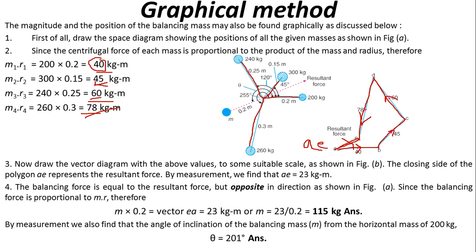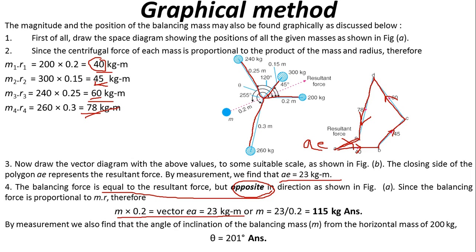After calculating, you get AE as 23 kg meter. The balancing force will be equal to the resultant force but opposite in direction, so m into 0.2 will be the vector EA, 23.